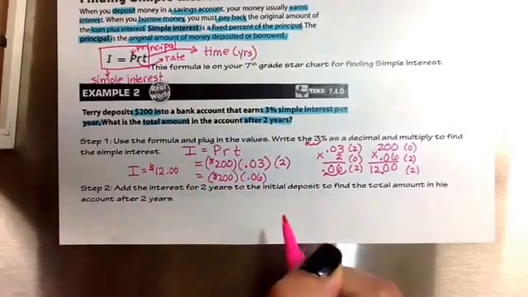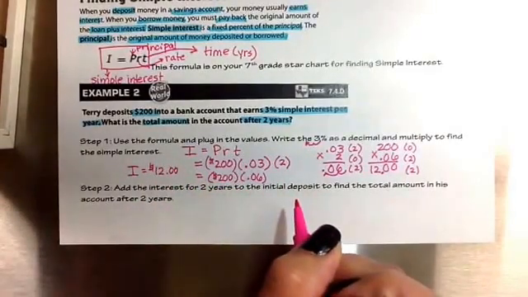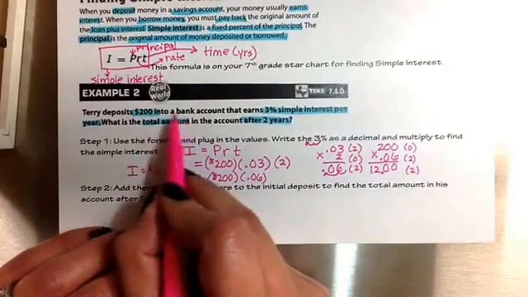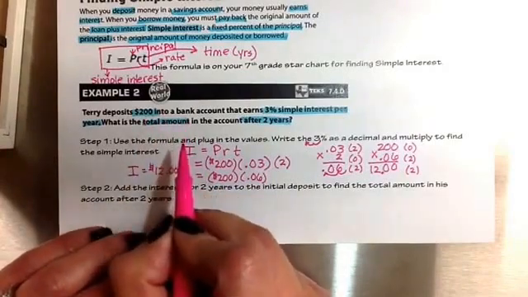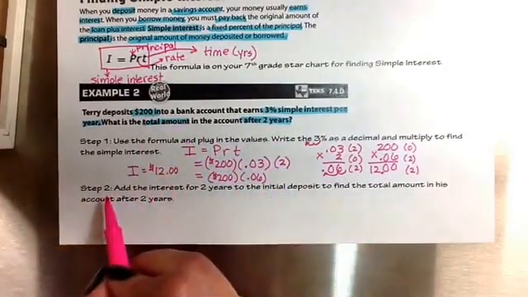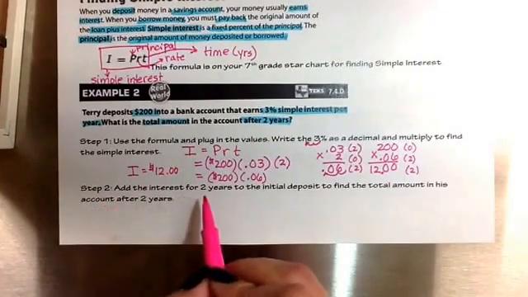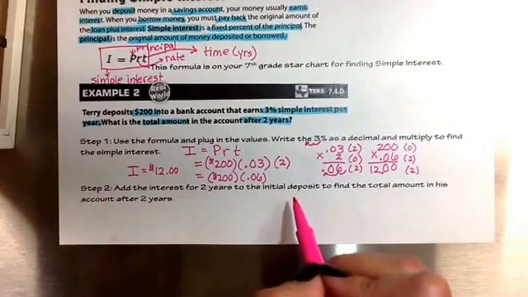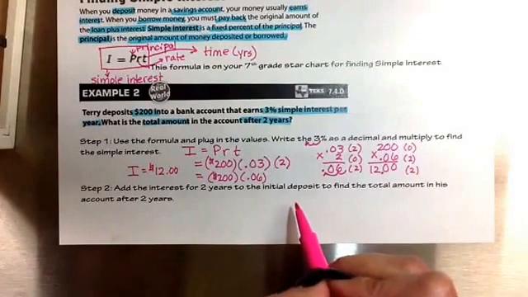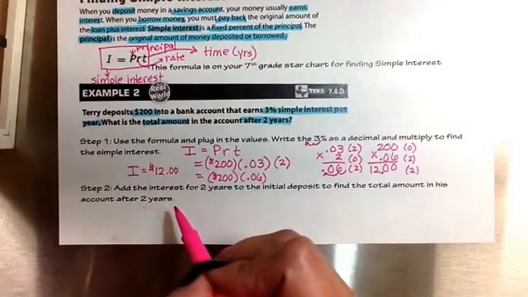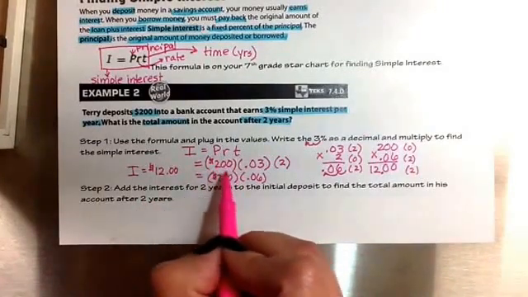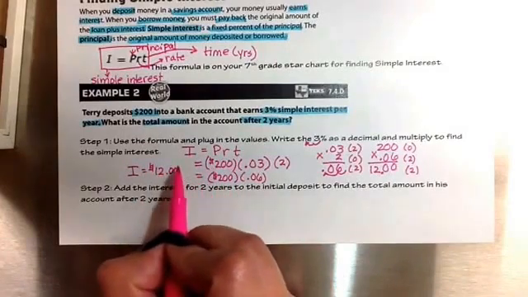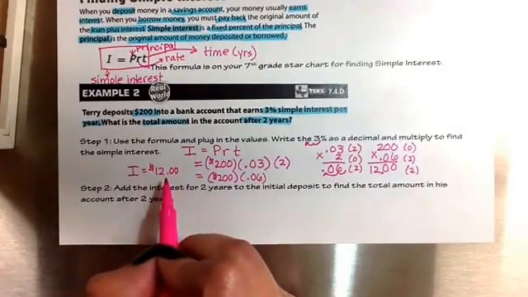Okay, so we're not finished. That's just the simple interest we figured. But the question is, what is the total amount in the account after the 2 years? So step 2 says, add the interest for the 2 years to the initial deposit to find the total amount in the account after the 2 years. Well, the initial deposit, remember, was $200, and it's going to earn $12 over 2 years.